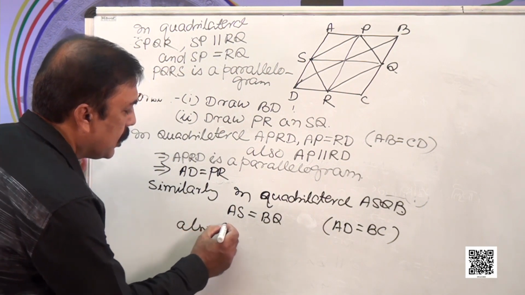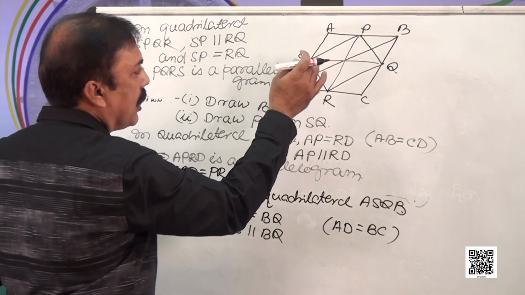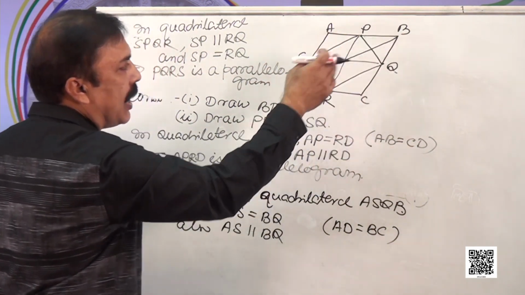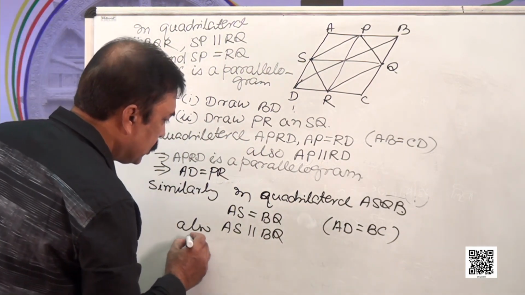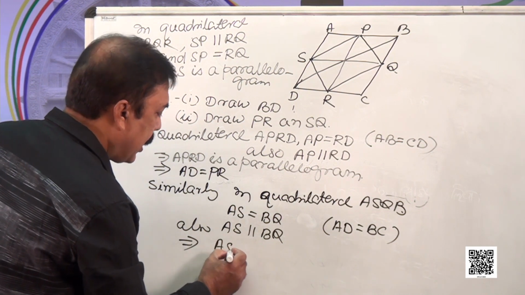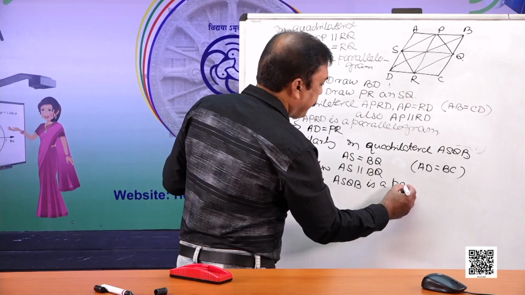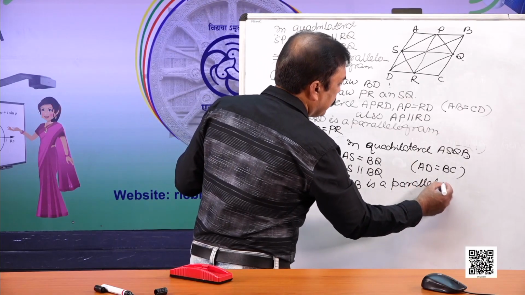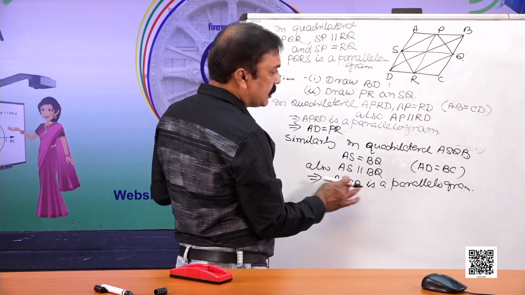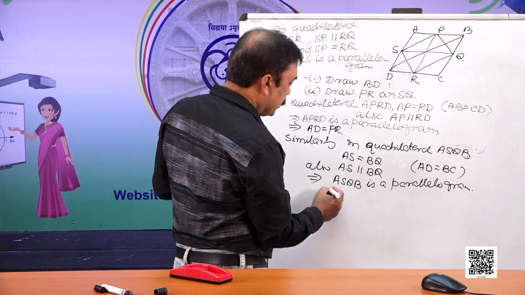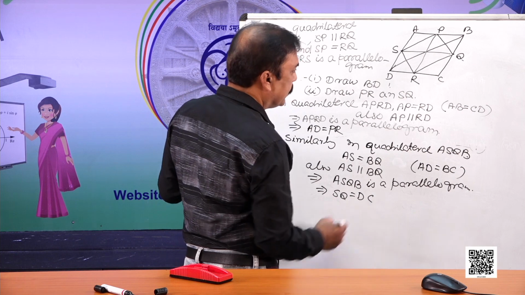Also, AS is parallel to BQ as AD is parallel to BC, as they are opposite sides of a parallelogram, that is rhombus. So this shows that ASQB is a parallelogram and this shows, as ASQB is a parallelogram, so SQ is equal to DC.